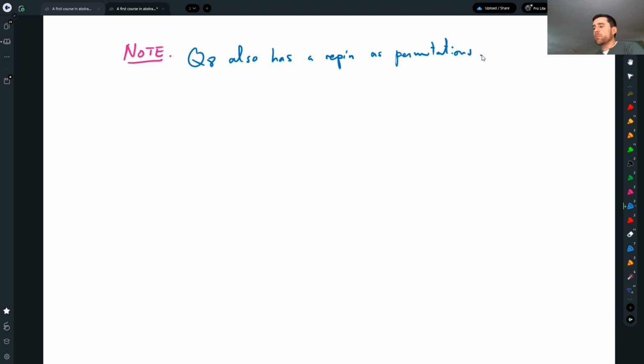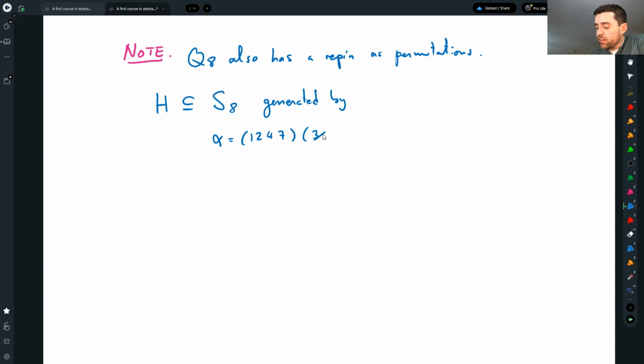Okay, so it turns out that I can do a subgroup of S8. Remember, these are permutations in 8 letters, in the numbers 1 through 8. And H is generated by alpha, 1, 2, 4, 7, 3, 6, 8, 5, and beta.